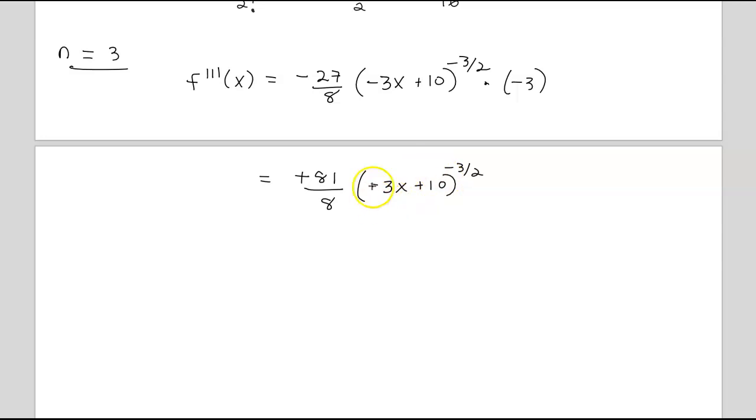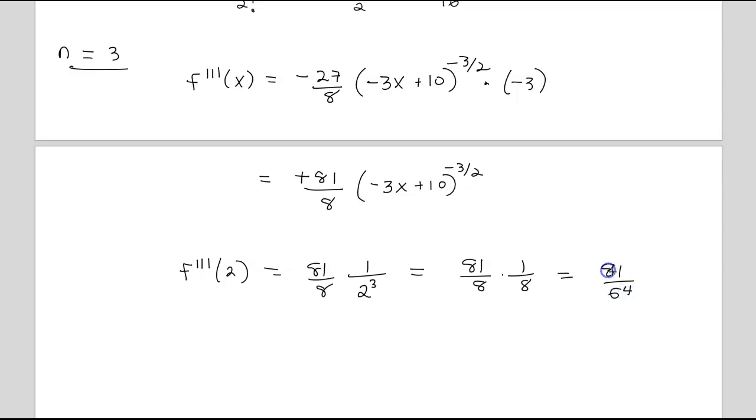Again, substituting in x equals 2 for the center, we get 81/8. This is going to be 1/2 to the 3rd power, excuse me, which gives us 81/8 times 1/8, which is 81/64.